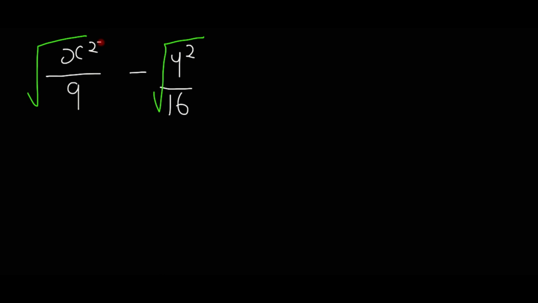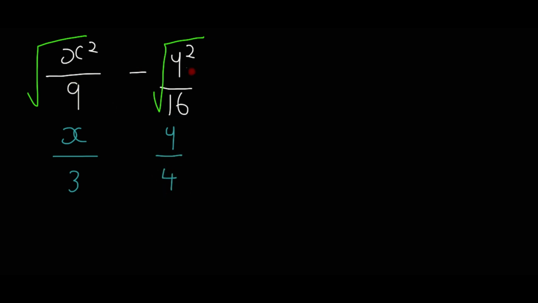The square root of x squared is x, and then the square root of 9 is 3. Remember, this square root will square everything, so it is the square root of x squared and the square root of 9. And for this one, the square root of y squared is y, and the square root of 16 is 4, so this is y over 4.